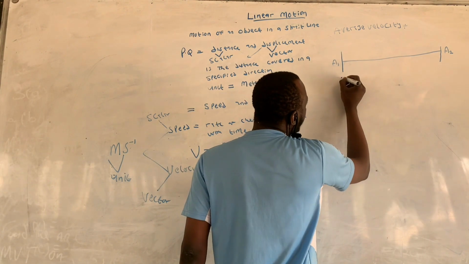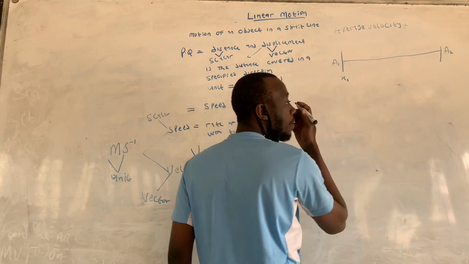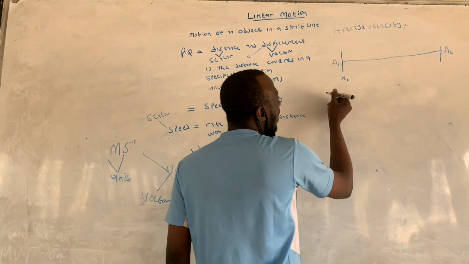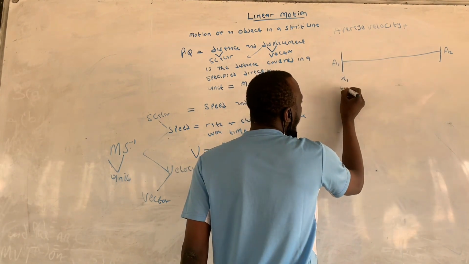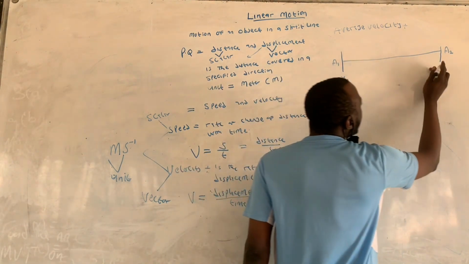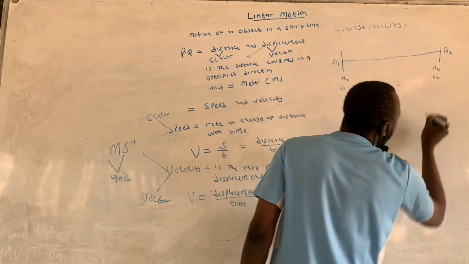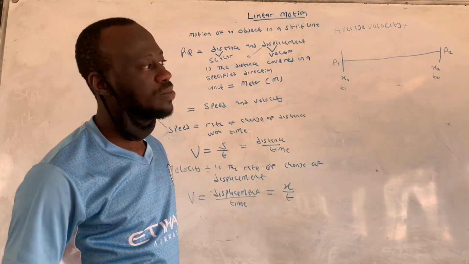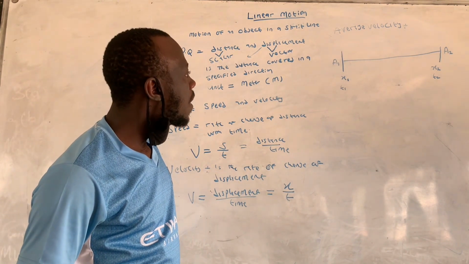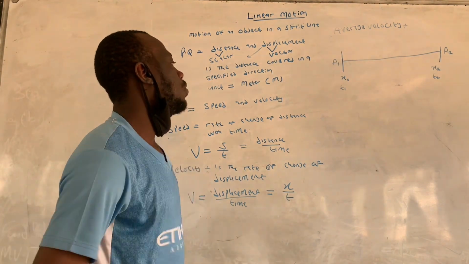Let this be our distance x1 with time t1, and again here we have x2 with time t2.